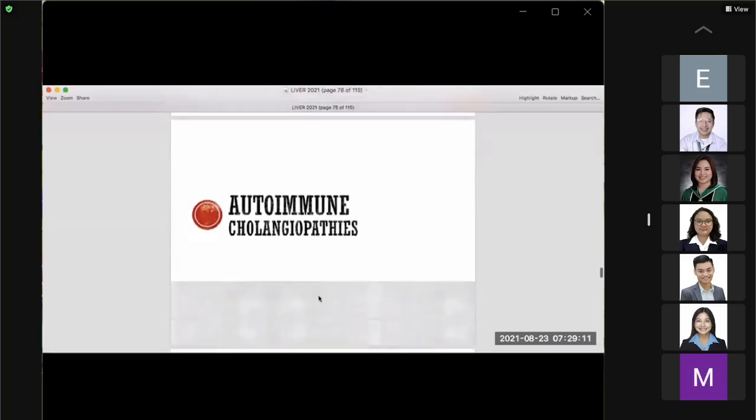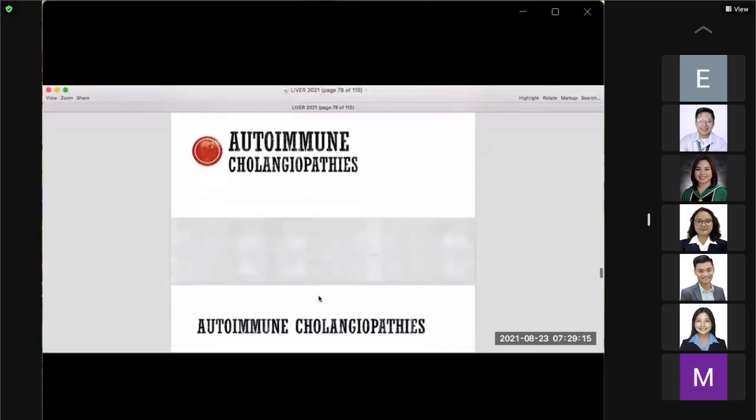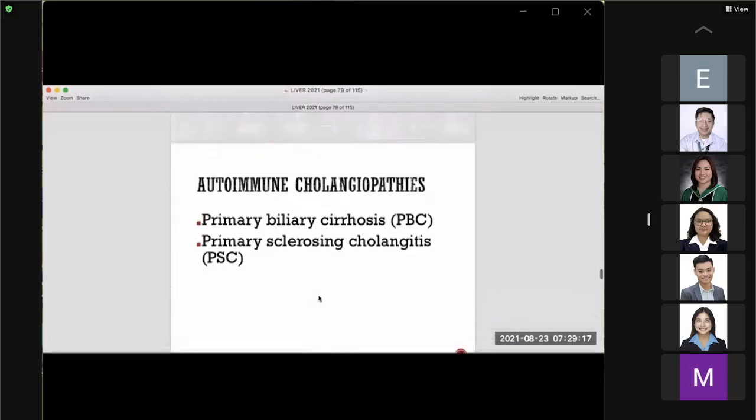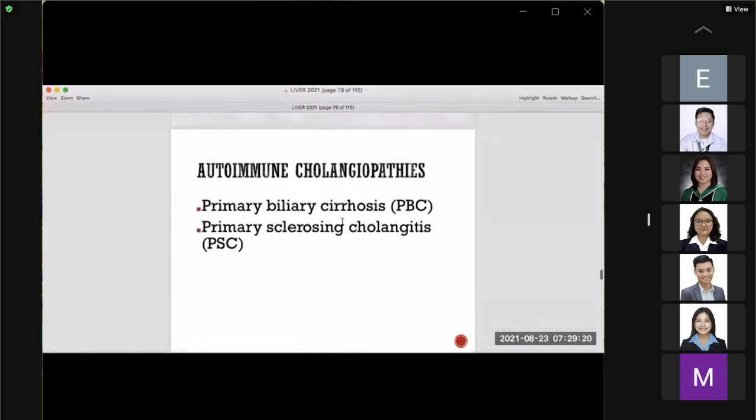Okay, they also have autoimmune cholangiopathies, just like in the liver. So autoimmune cholangiopathies could be in the form of primary biliary cirrhosis and primary sclerosing cholangitis, PBC and PSC.